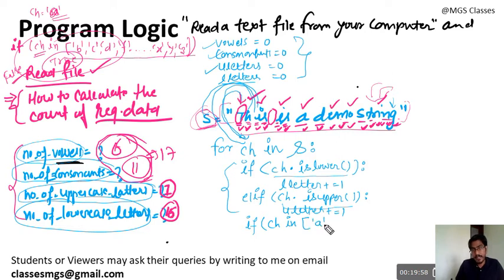a, e, i. If this character belongs to any of these characters, then the in operator will return true if the character is any one of the characters among these. Okay, so we have written it here only in small letters, so it will be better that you convert this ch into lower case before writing this line, so that we can ensure that.